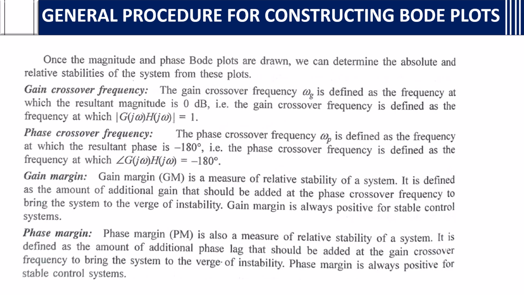Once the magnitude and phase Bode plots are drawn, we can determine the absolute and relative stabilities of the system from these plots. Gain crossover frequency means what?